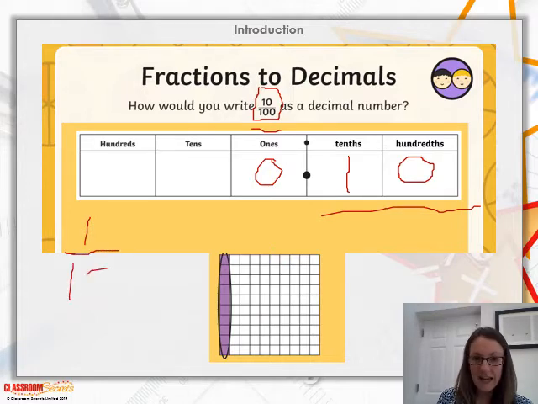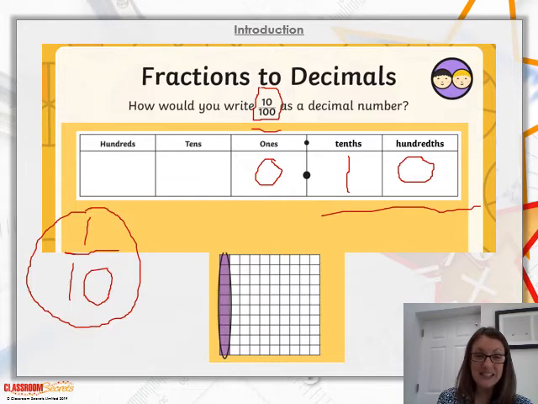It's the same thing. If 10 over 100 was simplified, if I divided 10 over 100 by 10, I would get 1/10. And 10 hundredths is the same as, or equivalent to, 1/10.